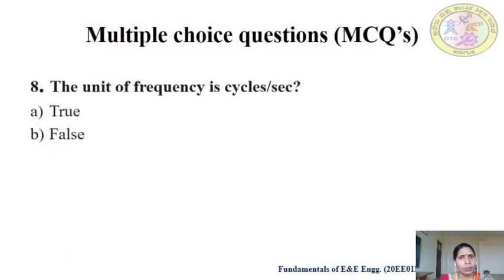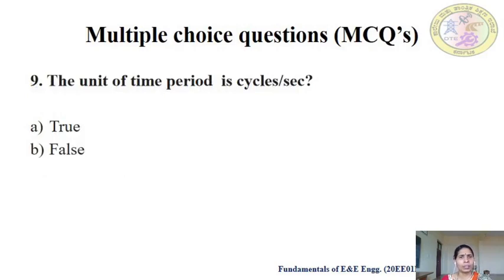Next, go through the next one. The unit of frequency is cycles per second. You have to tell true or false. That is true, solution A. The unit of frequency is cycles per second and it is also called hertz.